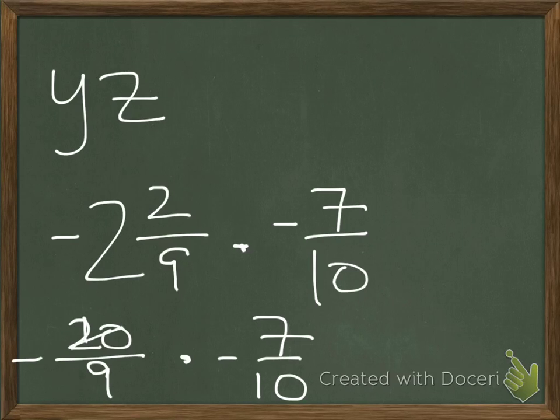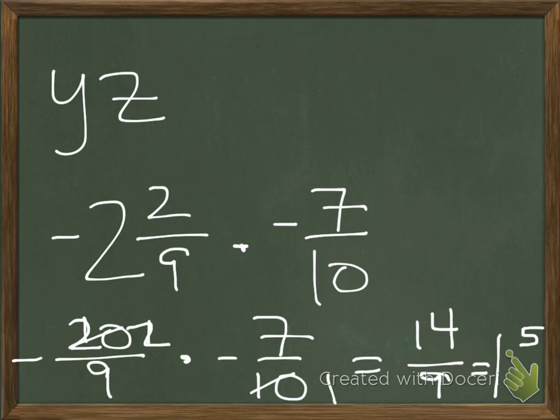I can cross simplify, divide by 10, and I'm left with positive 14/9, or 1 and 5/9. So either one of these would work.